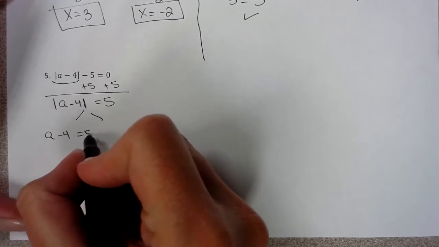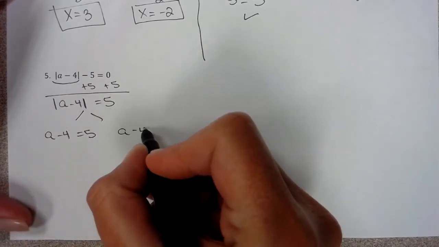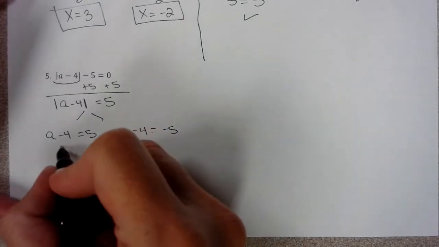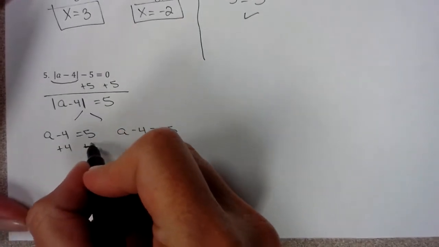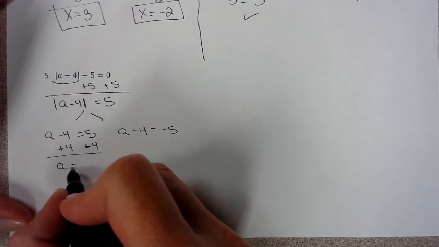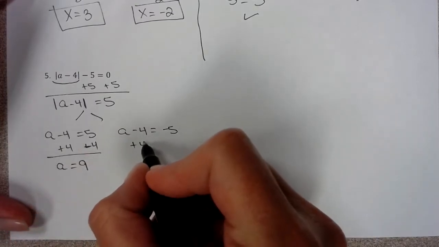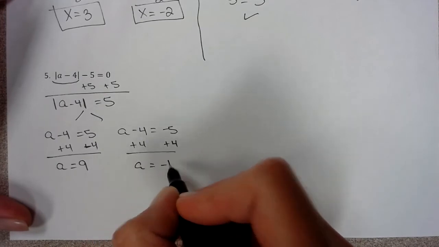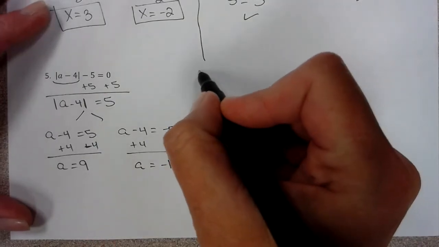A minus 4 equals 5. And a minus 4 equals negative 5. Solve for your variable. So a is 9, and a is -1.